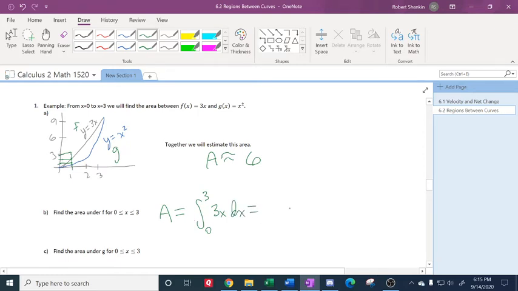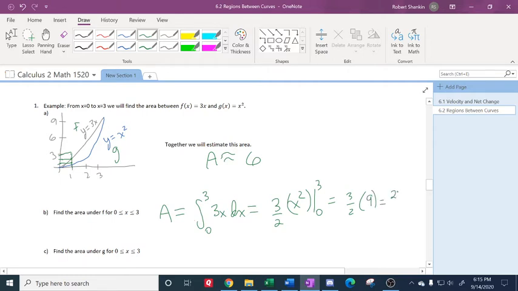And then the antiderivative of 3x is 3x squared over 2. I like to keep all my constants factored out. And then I get 3 halves. When I plug in the 0, it's just going to zero things out. All I'm going to get is 9.